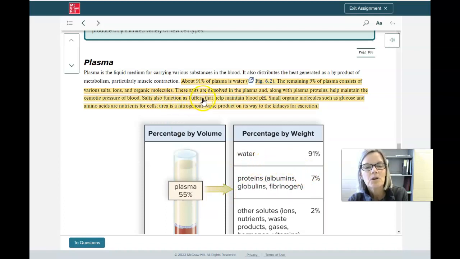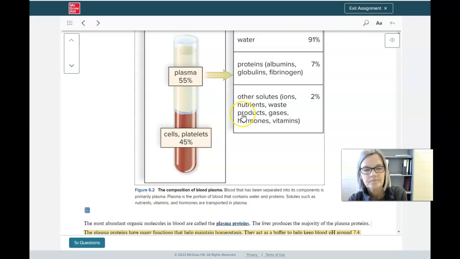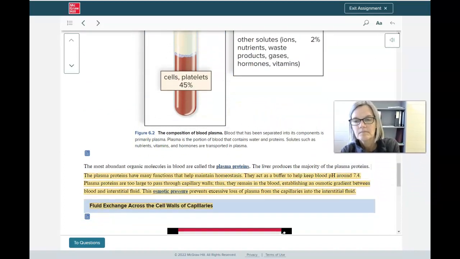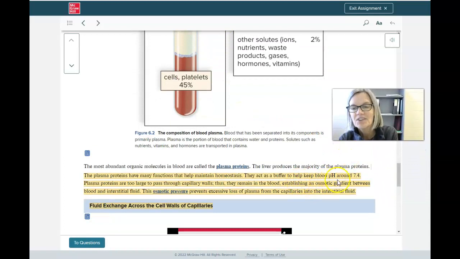We mentioned that word buffer, that helps a solution maintain a constant pH. And so in the plasma, there also are chemicals that act as buffers and maintain pH. Most people initially think that blood pH is going to be 7, neutral, but it's actually around 7.4.